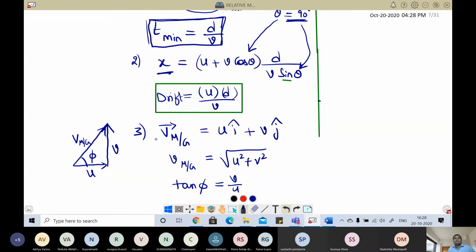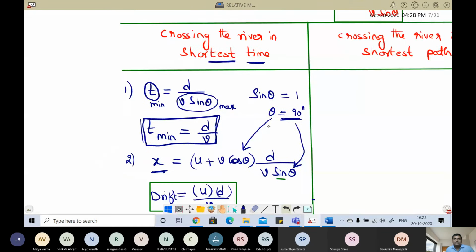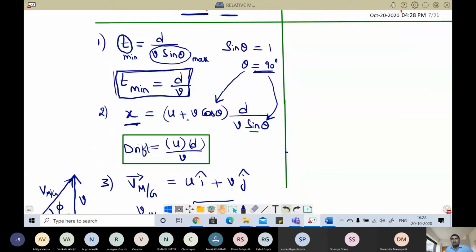So these three things you have to remember for the man crossing the river in the shortest time. First one is d by v, the minimum time. Second one is drift, u into t minimum. u is the river velocity, v is the man's effort.